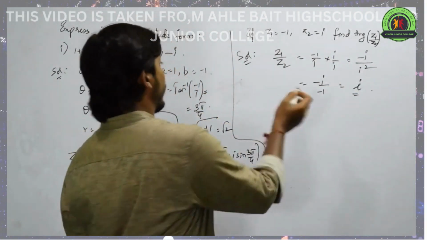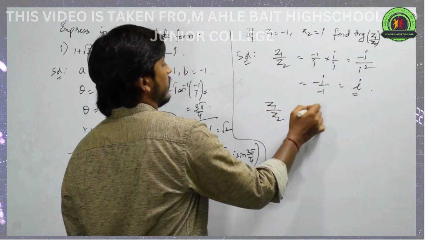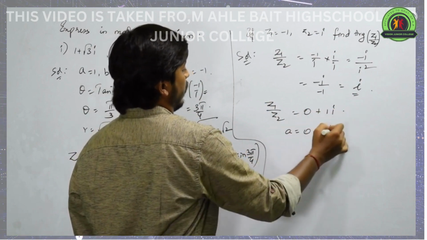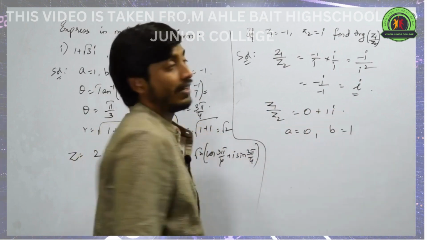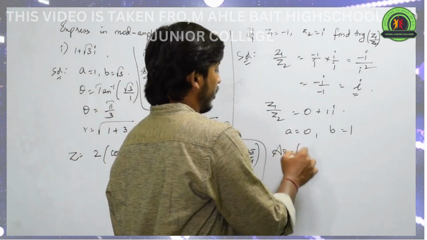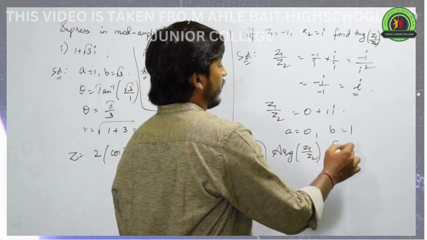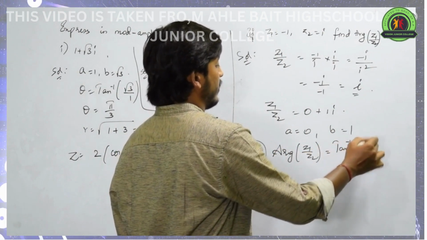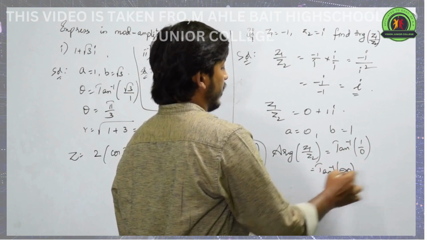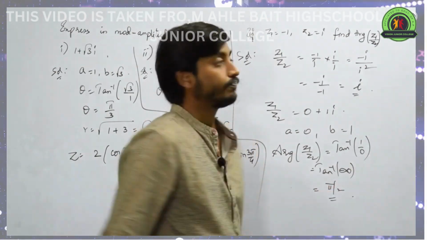We have to find the argument of that, so it can be written as 0 plus 1 i. What is a here? 0. What is b? 1. The argument of z1 by z2 is tan inverse 1 by 0, that is tan inverse infinity, which is nothing but 90 degrees.